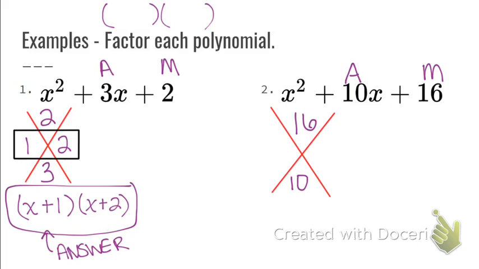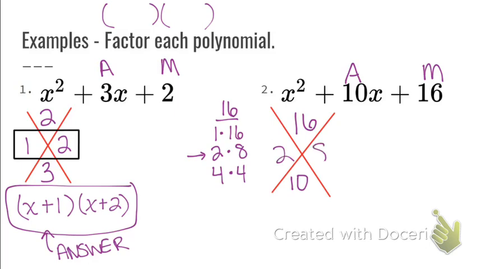If you're not sure what those numbers might be, you could make your list or look at your list of factors for 16. 1 times 16, 2 times 8, 3 won't work, 4 times 4. Hopefully looking at this list, it's easy to see that our factors 2 and 8 would also add up to 10.